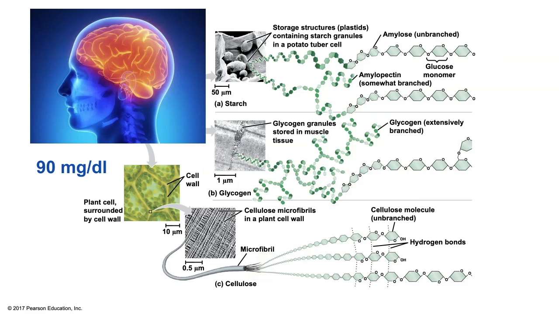Altogether, the average person holds about 1,500 to 2,000 calories worth of stored glycogen. This is about 24 hours worth of stored energy for you just in your glycogen.